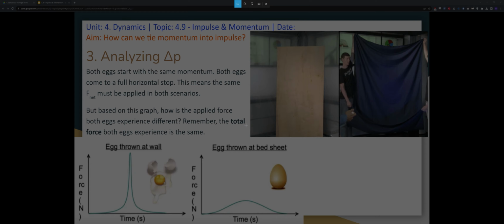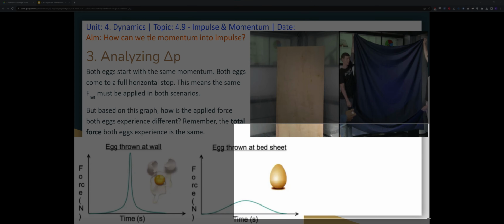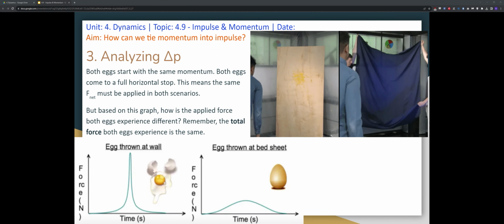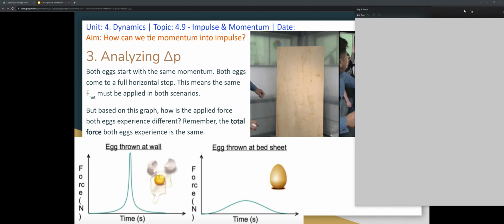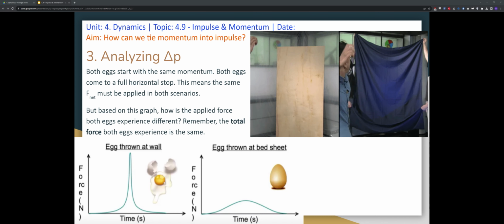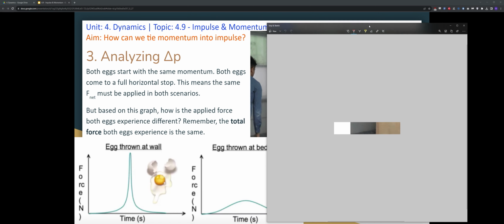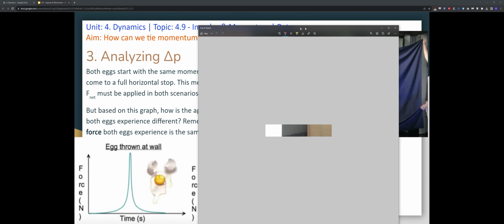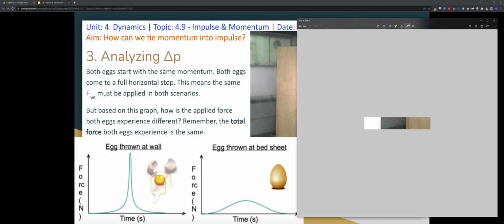But let's try and explain this using actual physics. Let's think about it. Both eggs reach a momentum of 0 when they hit the object, because they stop.